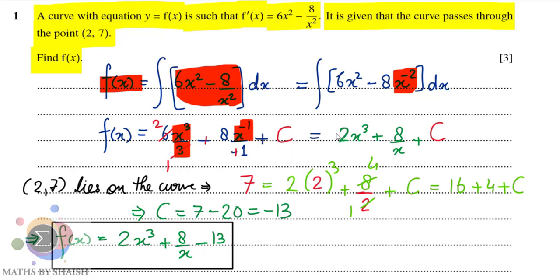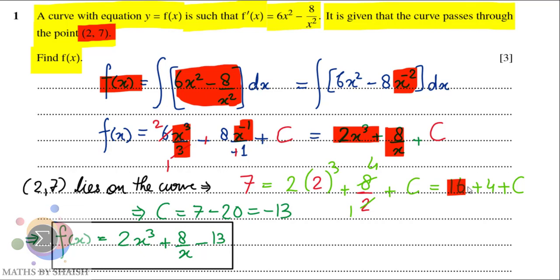So if we simplify, we get 2x cubed plus 8 over x plus a constant of integration. And we are going to put in the point which is lying on the curve, that is (2, 7). So y means f(x) is 7, and x is given as 2, so we substitute it here.